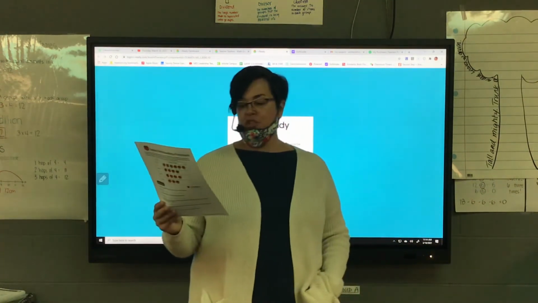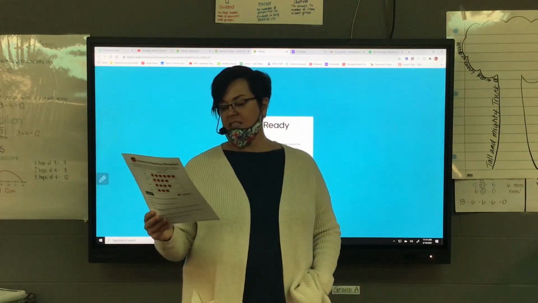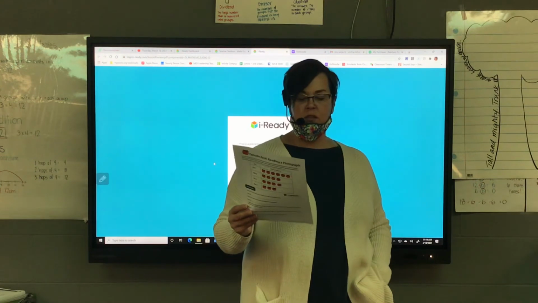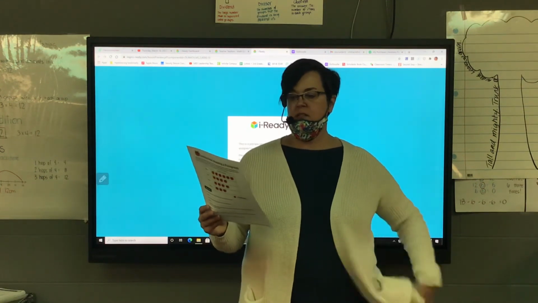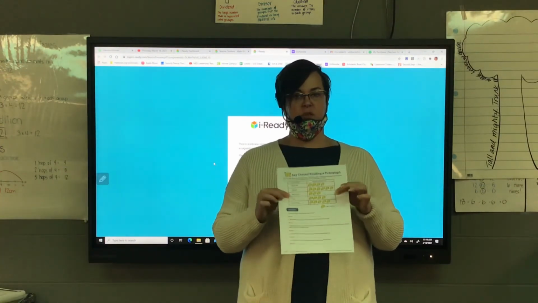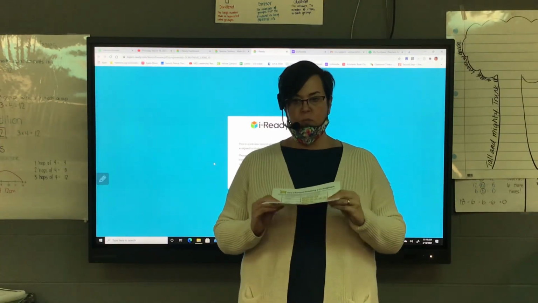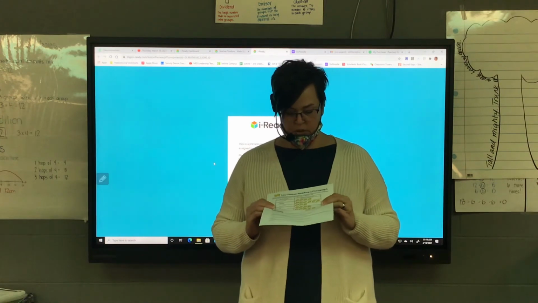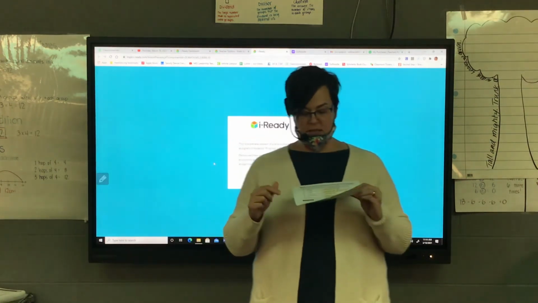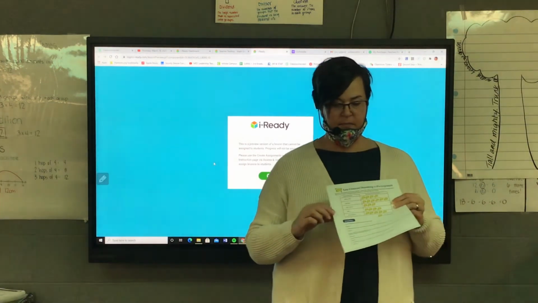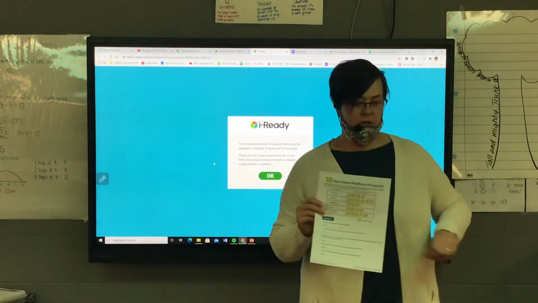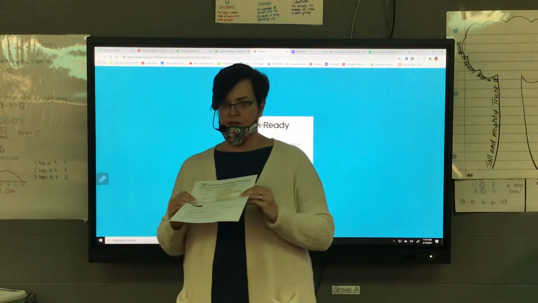How much more cheese does Giovanni need to sell in order to make it equal to cheddar cheese? So look at what cheese sold the least. How much more would Giovanni need to sell to make it equal to the amount of cheddar cheese? Can you figure that one out?